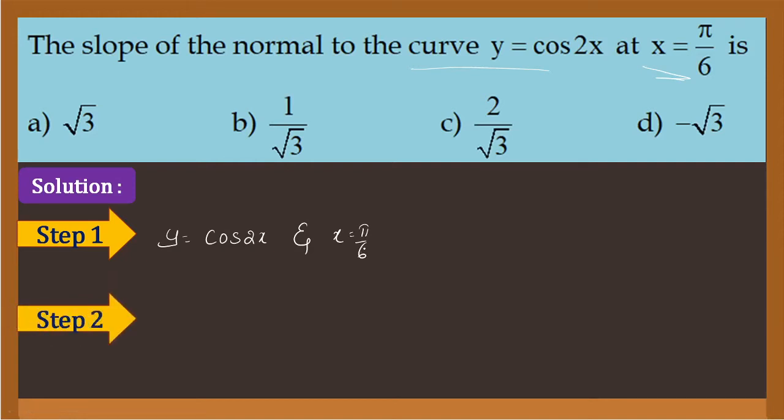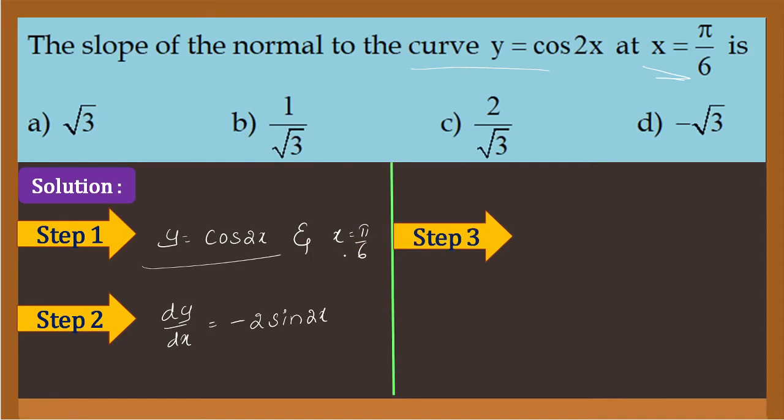Now, differentiating with respect to x on both sides of this equation, we get dy by dx is equal to d by dx of cos 2x is minus 2 into sin 2x.